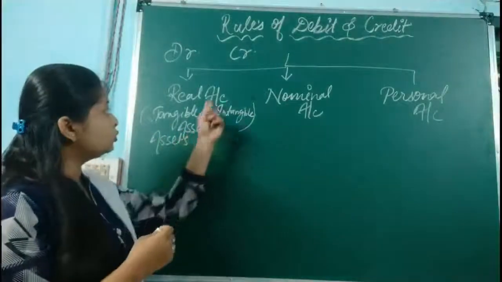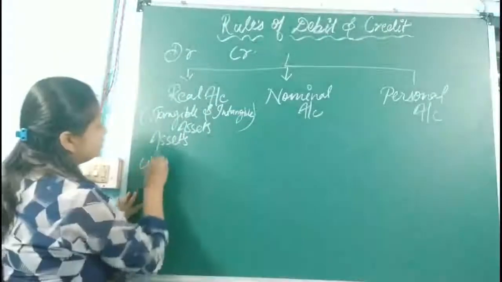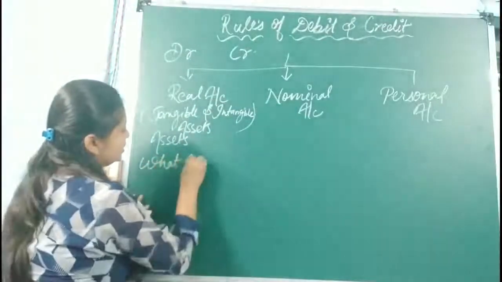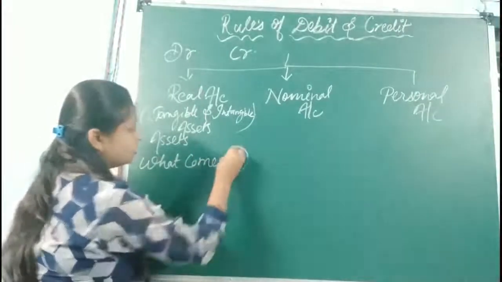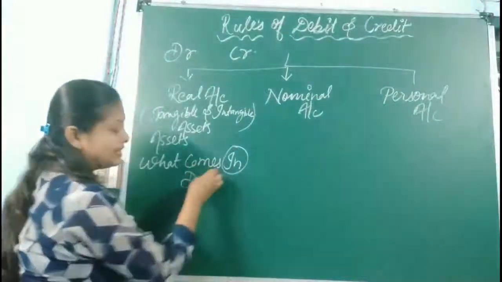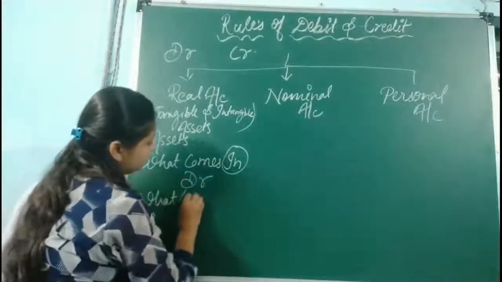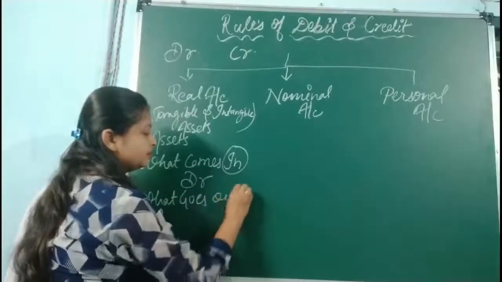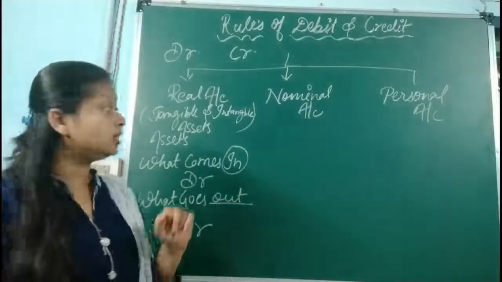Now the rule for real account is that what comes in, we are going to debit. What goes out, that we are going to credit. Understood?